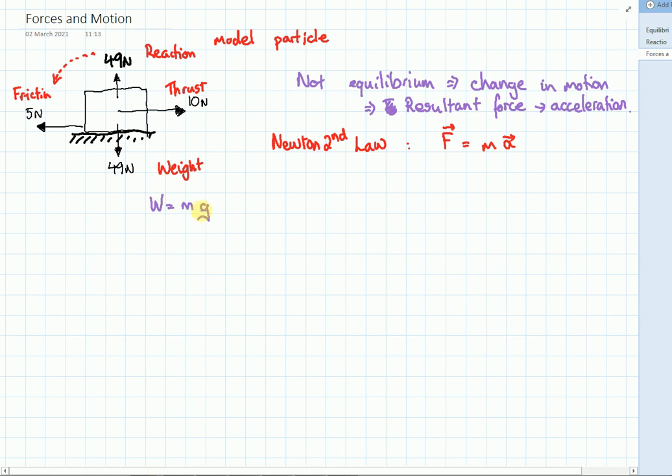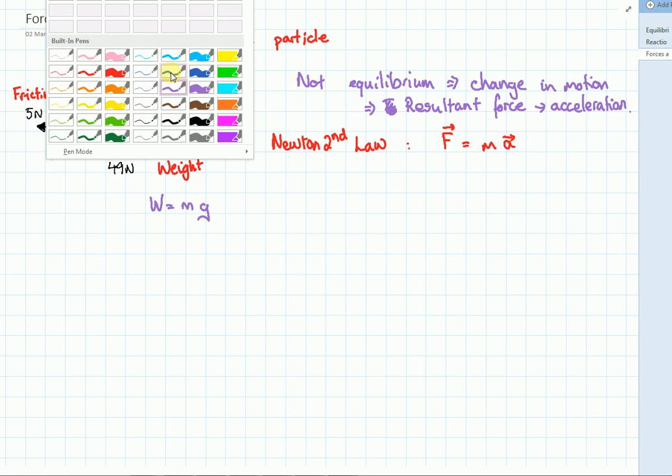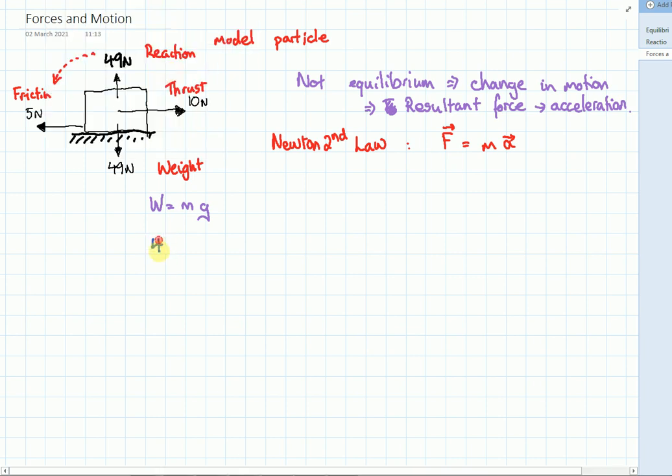So normally we take gravity as 9.8. We've got 49 as the newtons, we've got our mass, and gravity is 9.8 meters per second squared. So my mass is 5 kilograms. Okay, so that's the mass that's being generated. And this force is the resulting force.